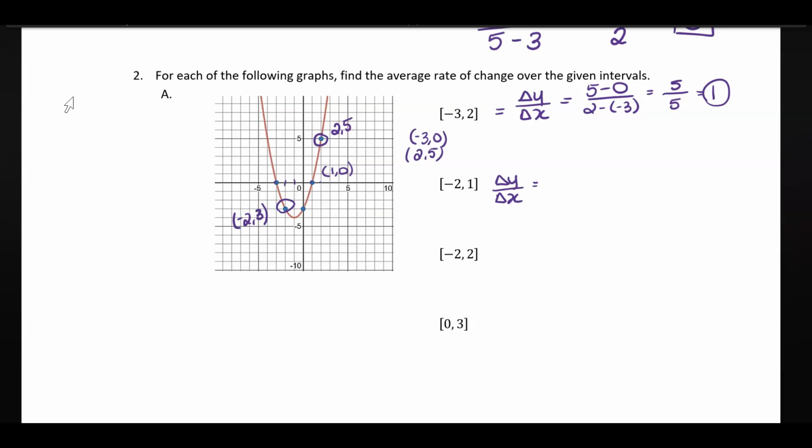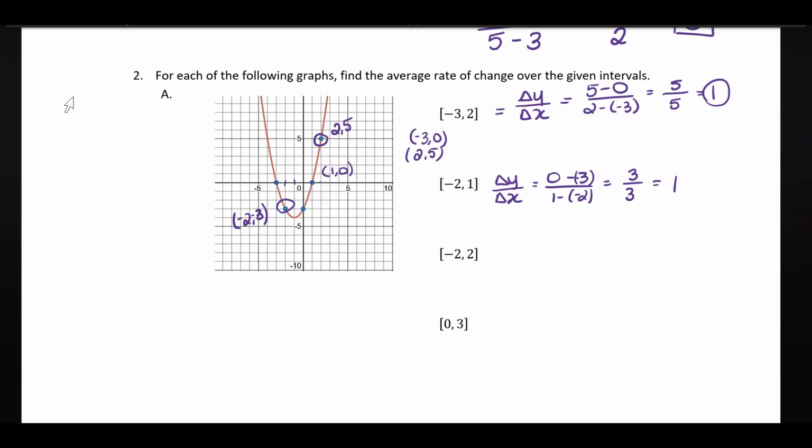Our y value is going to be 0 minus 3. Oh, that should be negative 3. Minus negative 3 all over 1 minus negative 2. So this is going to be 3 over 1 minus negative 2. That's also 3. So the rate of change is also 1.